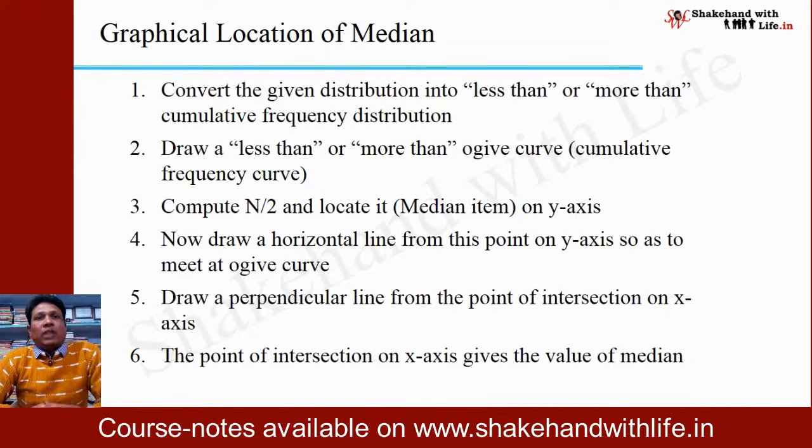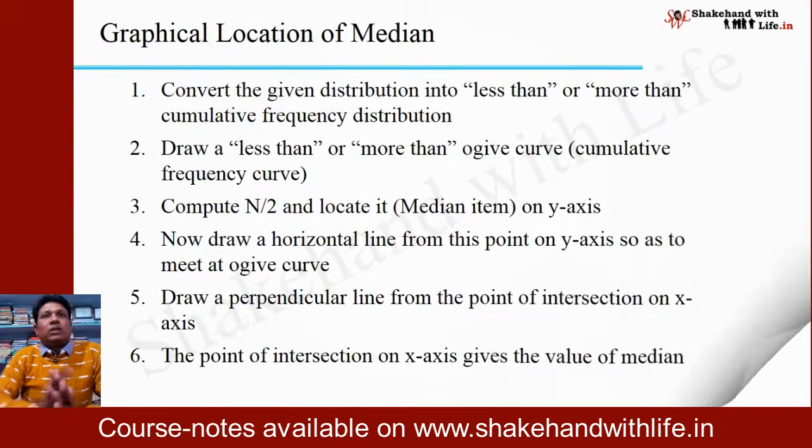Then compute n by 2 and locate it on the y-axis. Draw a horizontal line from this point on the y-axis to meet the ogive curve. Draw a perpendicular line from the point of intersection to the x-axis. The point of intersection on the x-axis gives the value of the median. You can better understand by the example. So here is the example.